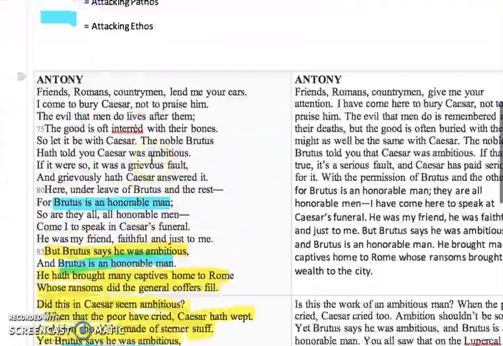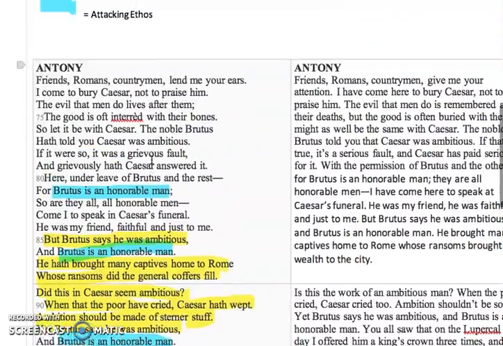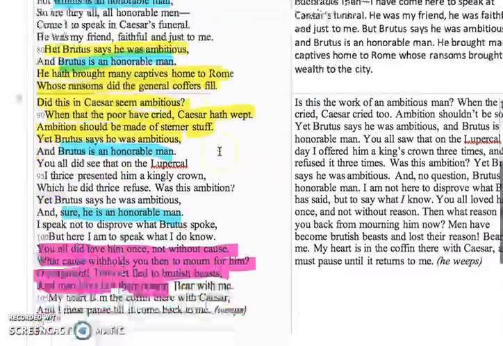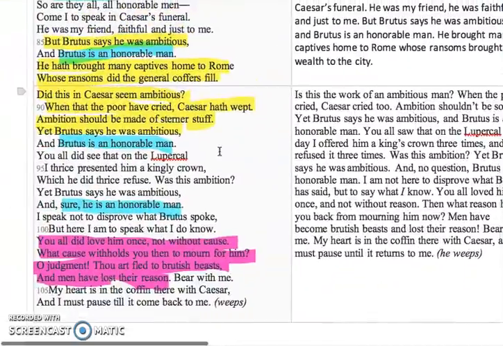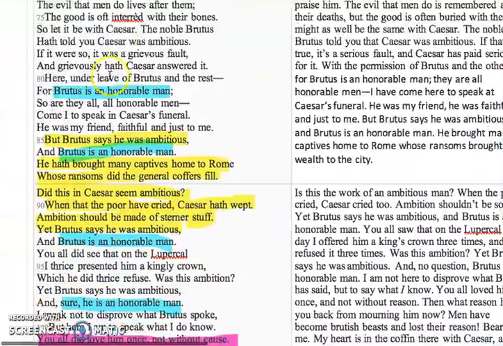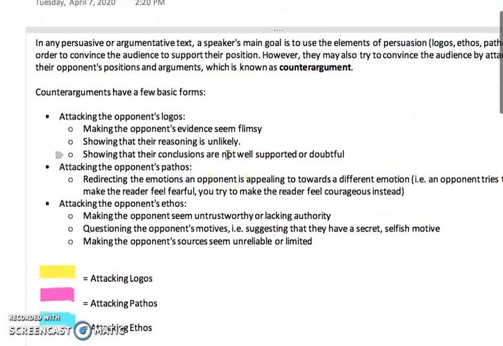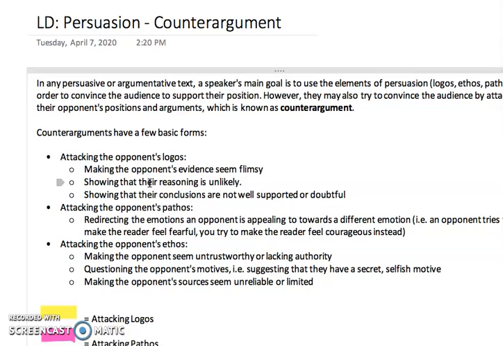So these are just the first couple lines of Antony's speech, and it goes on for several more. So you're going to, in your assignments for today, spend a little bit of time going into other parts of this and finding the examples of Antony's attacks on Brutus's positions.